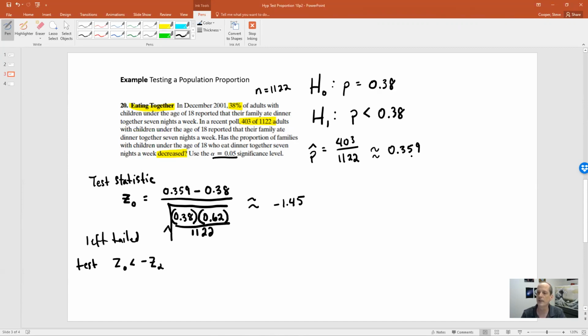Okay, so here's my Z naught. And I need to figure out what's negative Z sub alpha. So alpha is equal to 0.05.